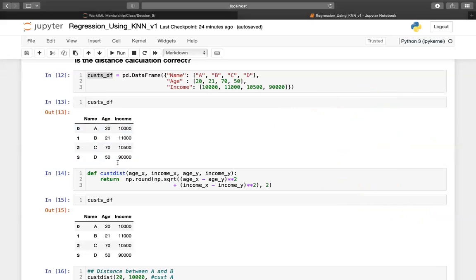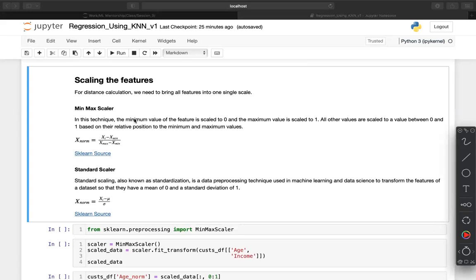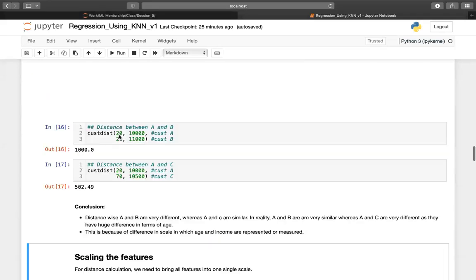So it is how far away you are from the minimum point, on the scale of maximum minus minimum. This particular scaling technique will convert all the features into a scale of 0 to 1. In this technique, the minimum value of the feature is scaled to 0 and the maximum value is scaled to 1, and all other values are scaled to a value between 0 and 1 based on the relative position to the minimum and maximum values. So we convert this data into x norm equal to xi minus x minimum divided by x max minus x minimum.